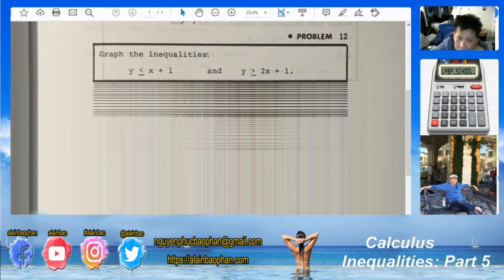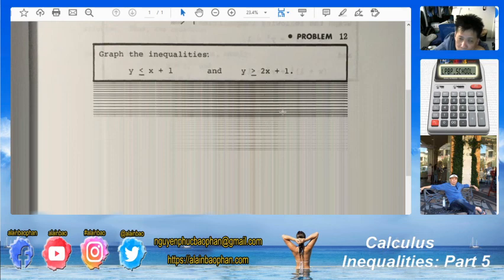This point is also the y-intercept of this straight line. These two lines intersect at this point, x equal 0, y equal 1. So now we need to find the x-intercept. When y equal 0, then 2x plus 1 equals 0.